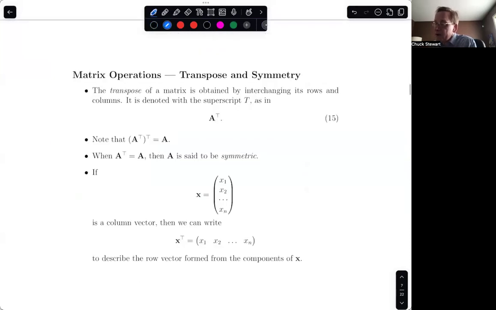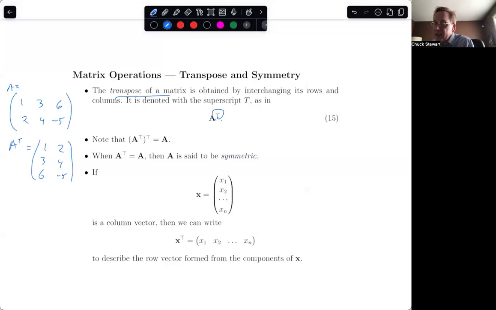So the transpose of a matrix, written with what looks like a capital T superscript, is just the interchanging of rows and columns. So if I have 1, 3, 6, 2, 4, minus 5 as my matrix A, then A transpose equals 1, 3, 6, 2, 4, minus 5 with rows and columns interchanged.